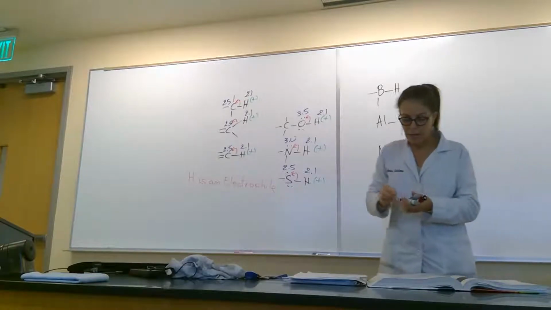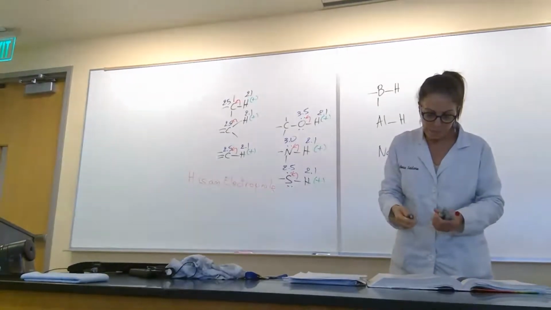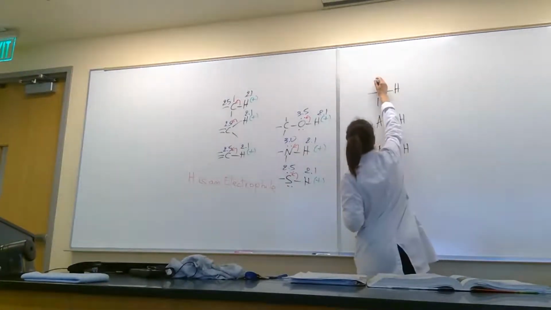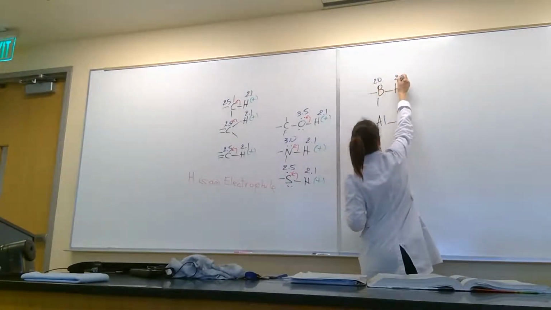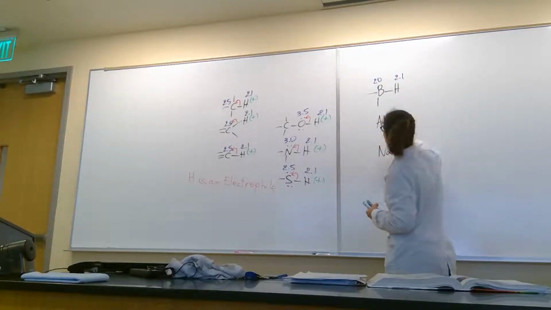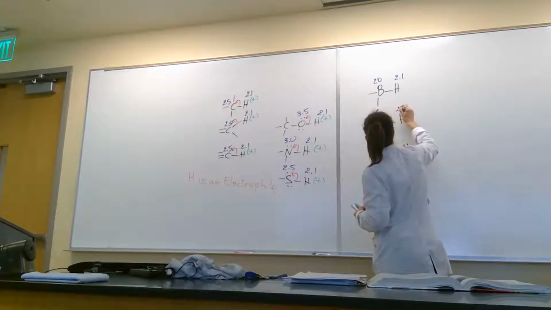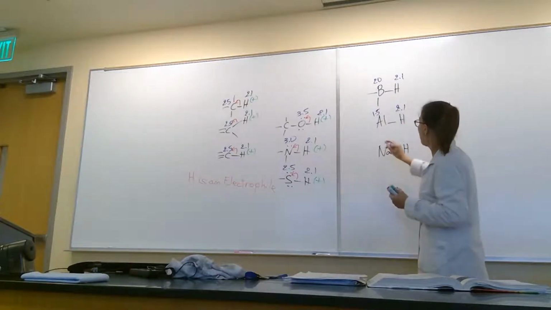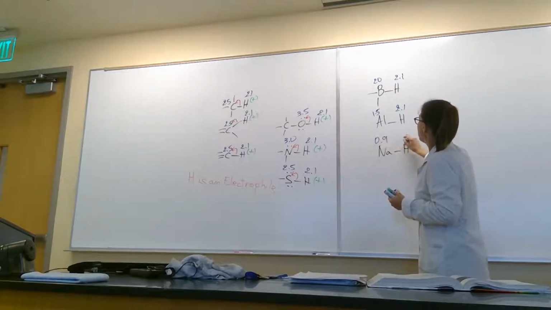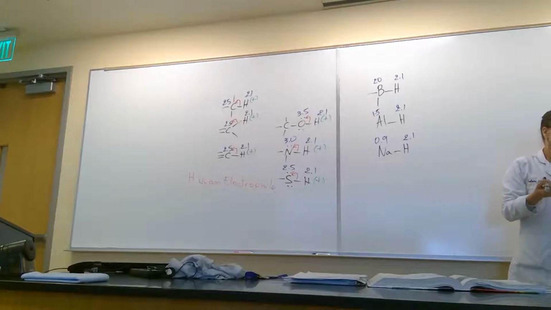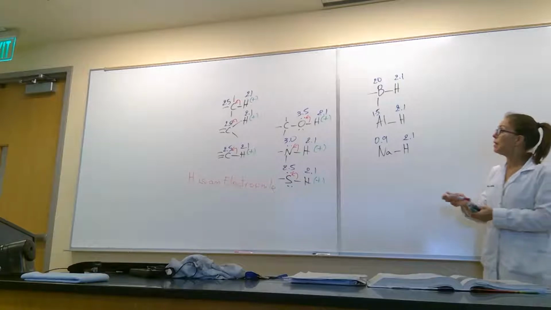So what are the electronegativity values here? For boron it is 2, and hydrogen is 2.1. Aluminum is 1.5, and this is 2.1. Sodium is 0.9, and this is 2.1. So you see in all of these, hydrogen now is the smaller atom. Okay? So what happened here?